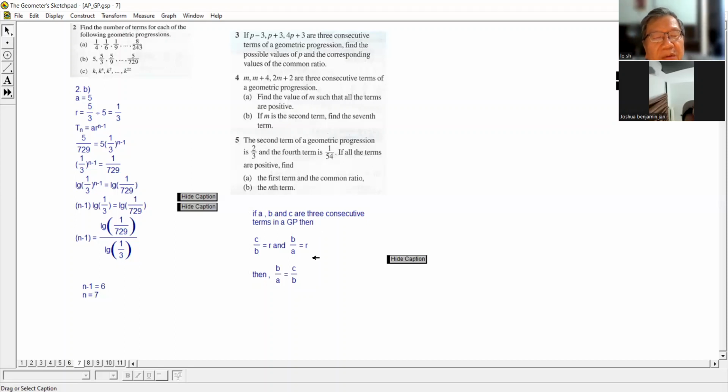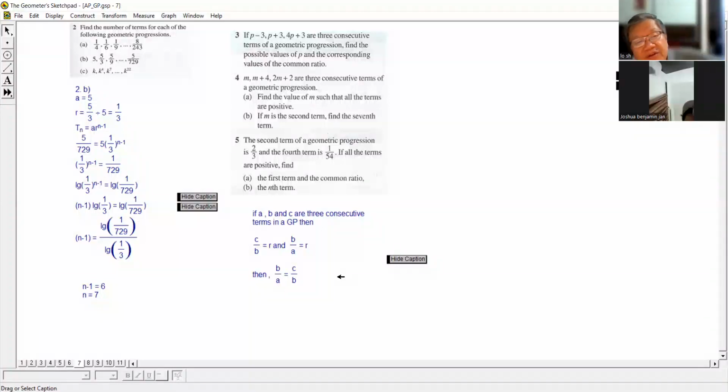You take C divided by B, it will give you the R. You take B divided by A, it will also give you the R. I don't know what the value of R is, but I know this must be equal to this because both of them are R. So that means B over A equals C over B. Any questions so far?